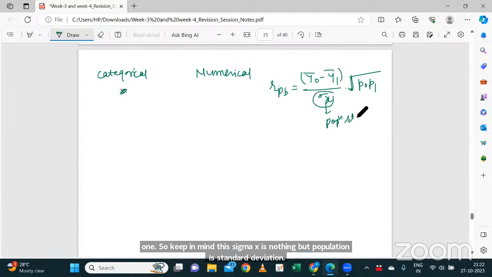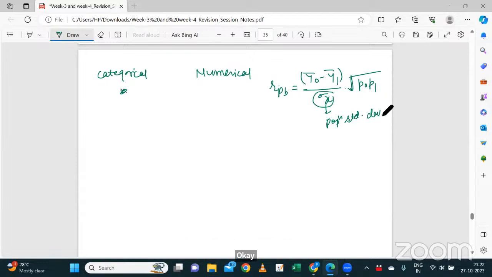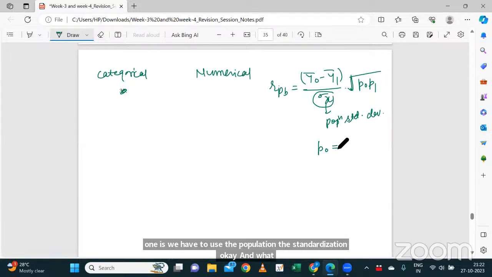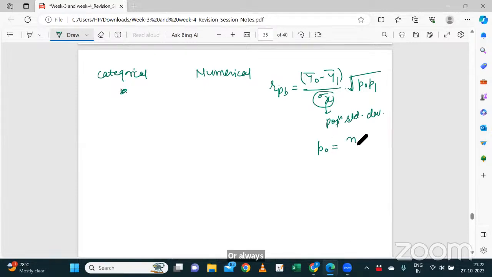In the lecture, ma'am used small sx, but the correct one is to use the population standard deviation, always. P0 is nothing but n0 divided by n, and p1 is nothing but n1 divided by n.